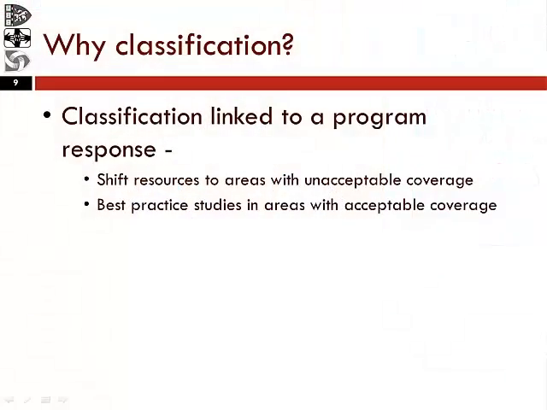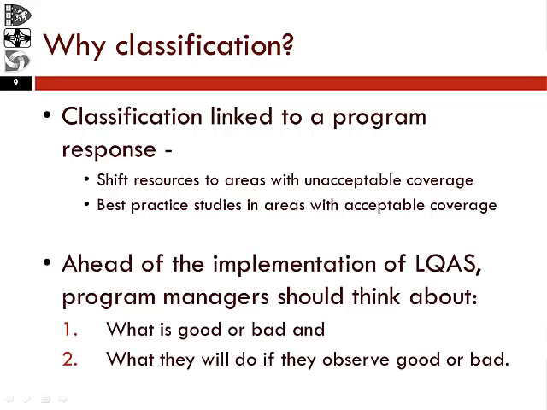So why classification? These are just the points that we talked about. Classification can be linked to a program response. We can shift resources to areas with unacceptable coverage, or we can do best practice studies in areas with acceptable coverage. And ahead of this, the manager should think about what are our thresholds for good and bad.